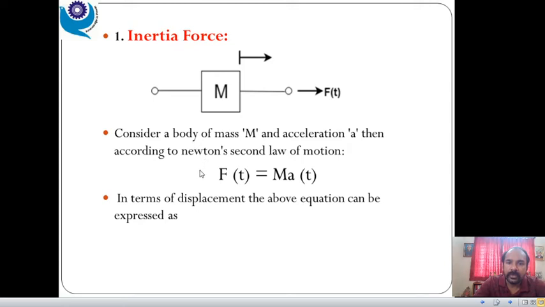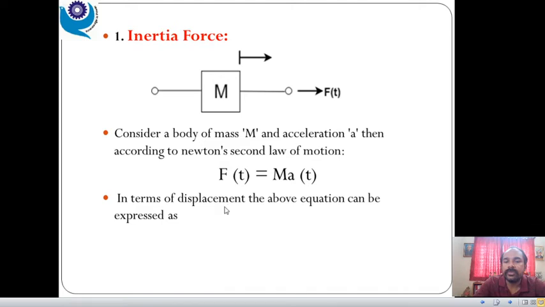So according to Newton's second law, the equation can be represented as f of t is equal to mass into acceleration, m a of t, which means force is directly proportional to the acceleration, isn't it? So f of t is equal to m a of t.